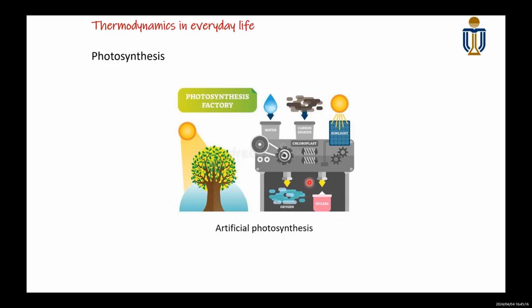This electric current is then used to drive the chemical reactions that convert carbon dioxide and water into energy-rich molecules. The goal of artificial photosynthesis is to develop a sustainable and renewable source of energy that can help reduce the effect of climate change and dependence on fossil fuels.